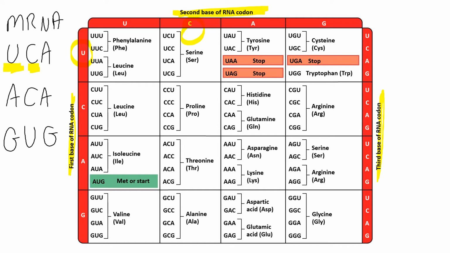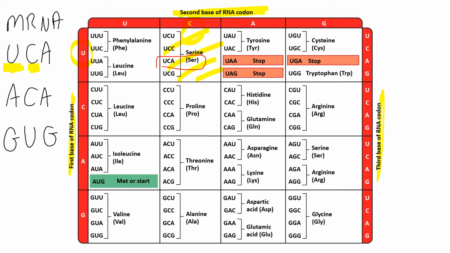So after you find the U and the C, you would connect them together, and that means we are in this block right here. And then all you have to do is find exactly UCA, which is right here within this block, and it would code for an amino acid known as serine.